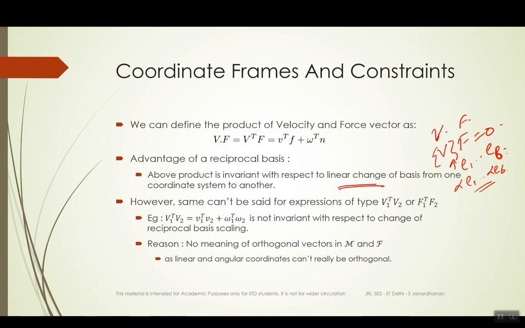If v dot f was 0 with this basis, even if I change the coordinates by a linear change in coordinates, using a linearly scaled version of these basis vectors, then too the orthogonality condition doesn't change. So this is v transpose f here.